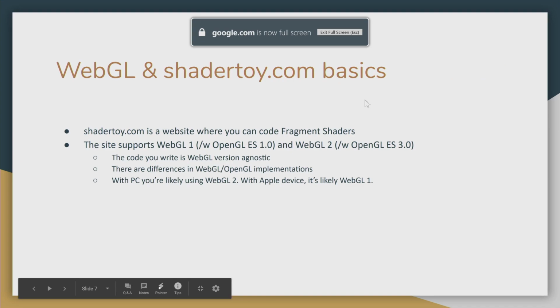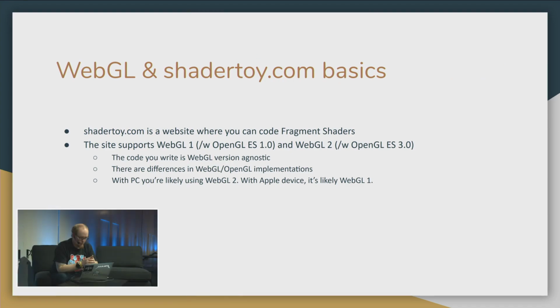So then a bit more about Shadertoy and WebGL. The shadertoy.com website is for you to code some fragment shaders. When we are talking about 3D programming, in OpenGL and WebGL, there are actually multiple different kinds of shaders that you could program.